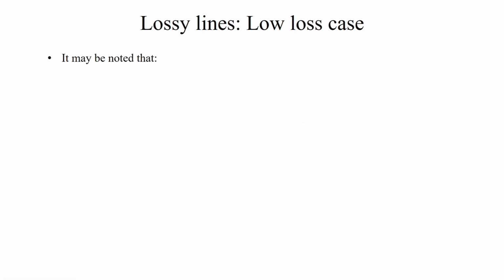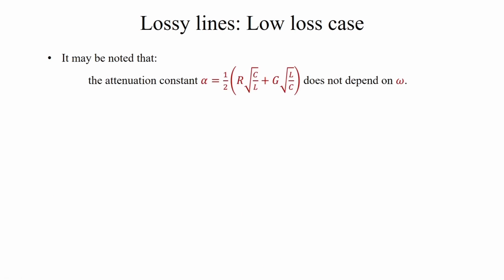So, if we look at the expression for alpha and beta, we find that the attenuation constant alpha now does not depend upon omega, it depends only on the transmission line parameters, and the phase constant beta varies linearly with omega.